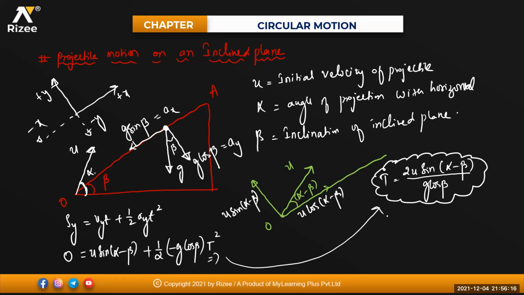Is that clear? Because uy into t, so it is your t. If you simplify it, you will get the value of your t. Do I need to do that? Is it fine?